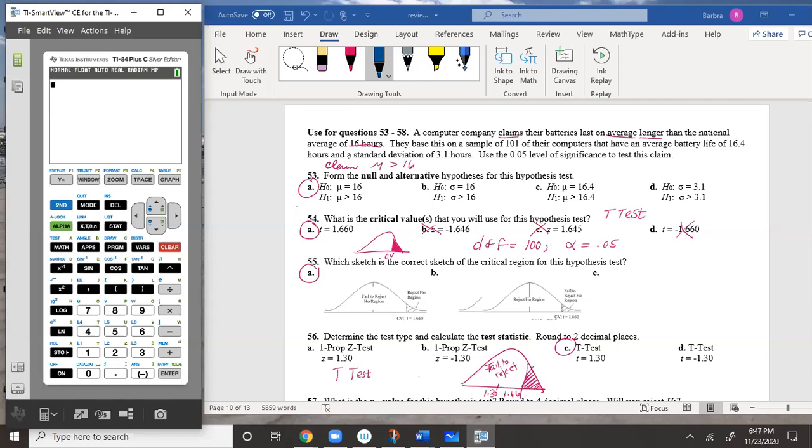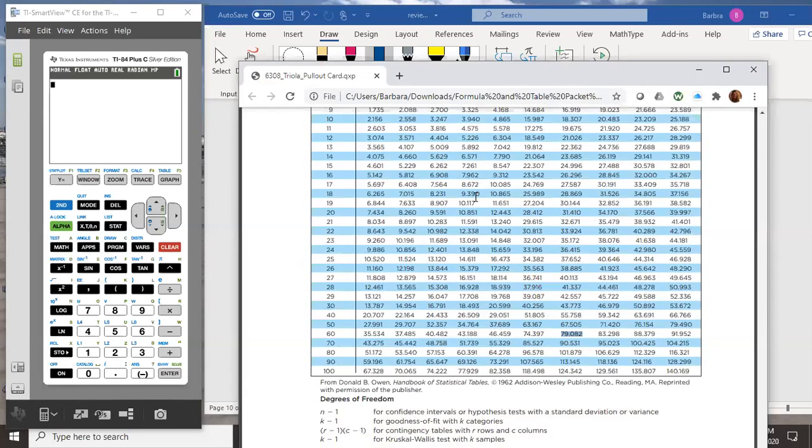For the critical value, it says longer, so it's greater than 16. So this is a right tail test. And since we're talking about a mean, this is a t-test. So already you can cancel out B and C because those are both Z values. To find the critical value, we look it up in our chart for a degree of freedom of 100 and 0.05 level of significance in the right tail.